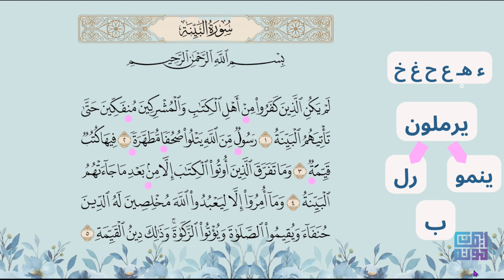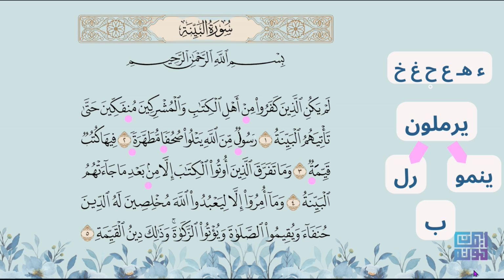But here I'm just going to mention them in general. I'm not going to go into any details. So the Hamza and the Ha are pronounced from the furthermost part of the throat, and then comes the Ain and the Ha from the middle part of the throat, and the Ghain and Kha from the closest part of the throat, closest to the lips, and furthermost from the lips.